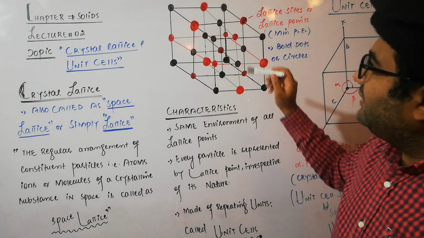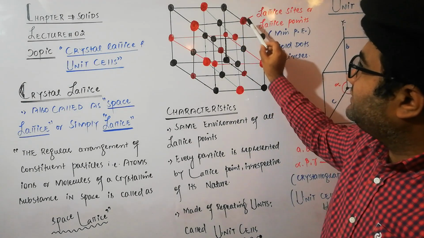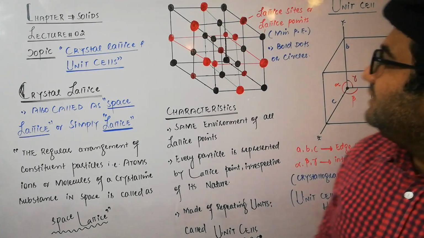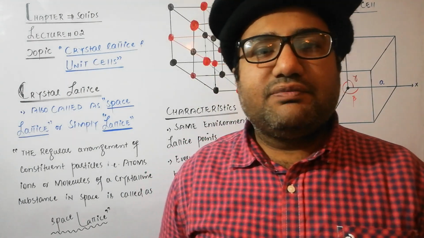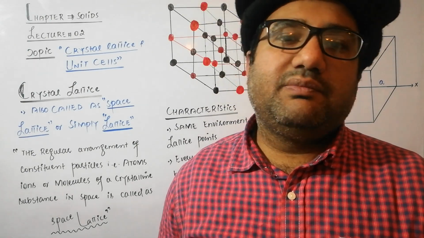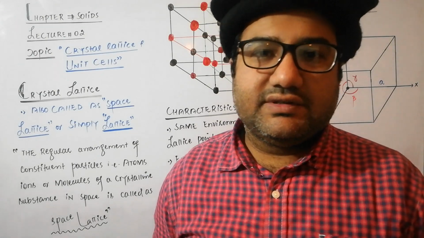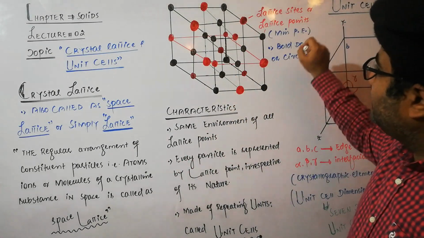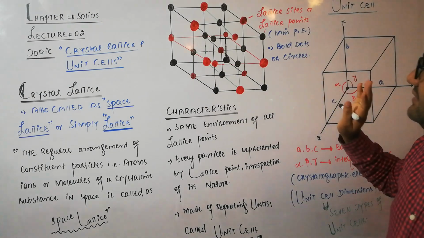Now these particles, which are shown with the black bold dots, red bold dots, are called lattice points or lattice sites. And these lattice points or lattice sites actually represent the constituent particles, which may be atoms, ions, or molecules. Keep in mind that these lattice sites are represented either by bold dots or simply by circles.